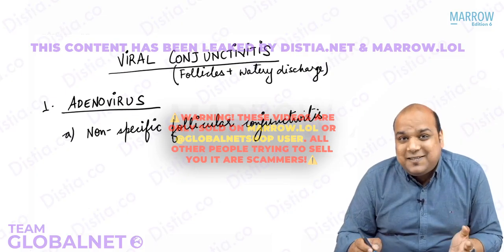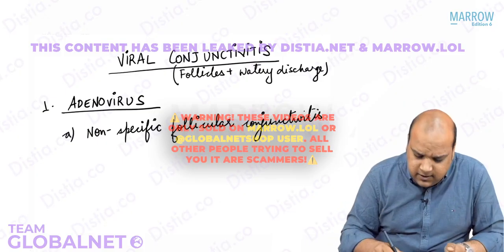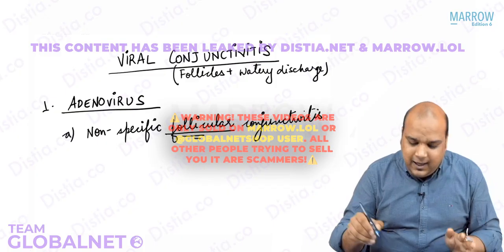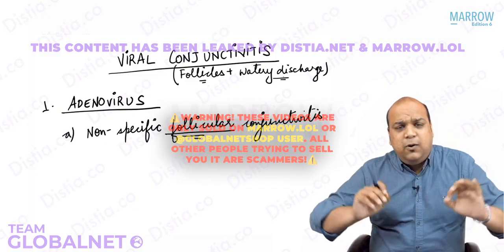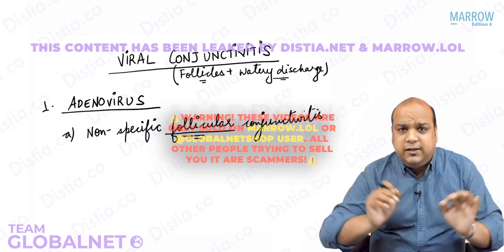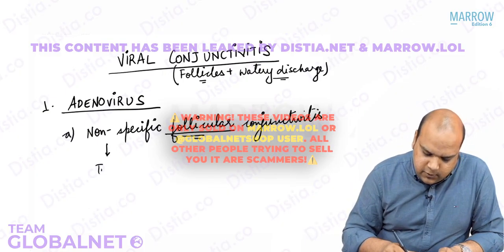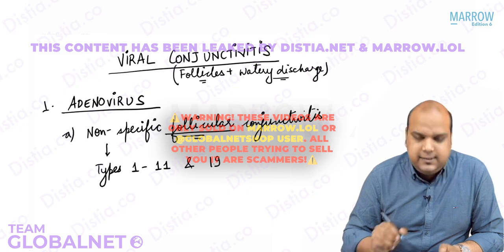It is non-specific because it does not present with any specific clinical feature. The only thing present is follicles. Okay, everybody? As we know, follicles plus watery discharge will be seen in all cases of viral conjunctivitis. Now, this is usually caused by types 1 to 11 and 19.